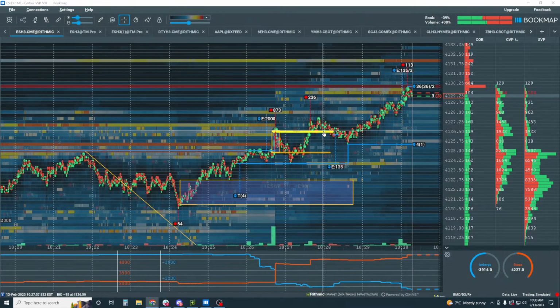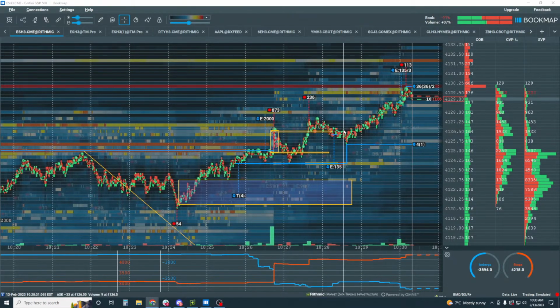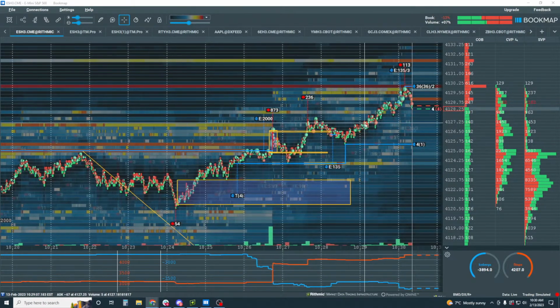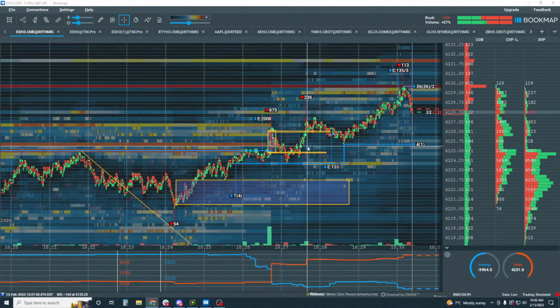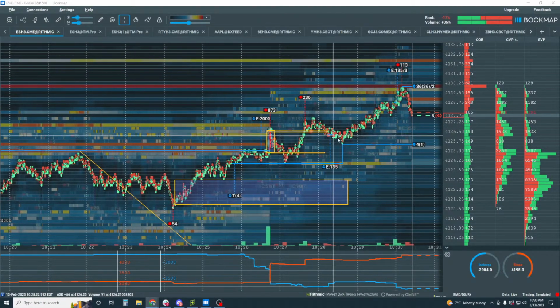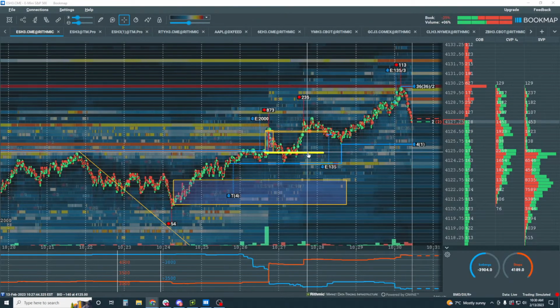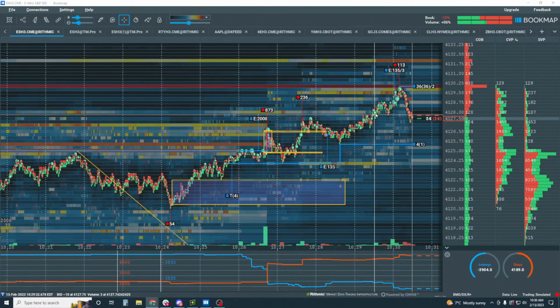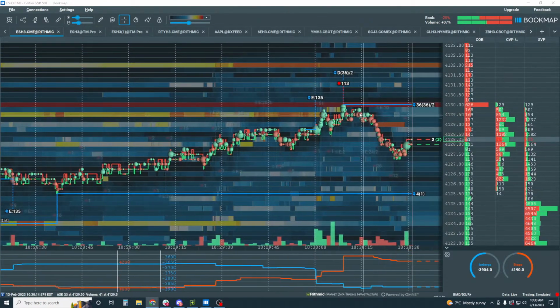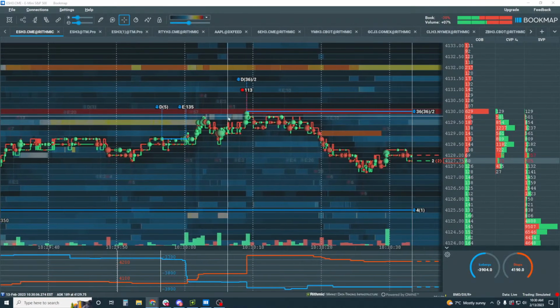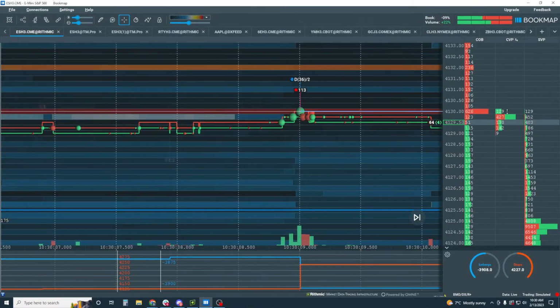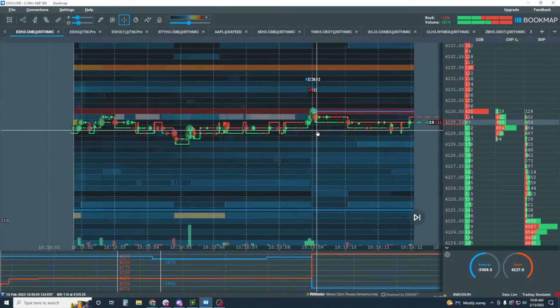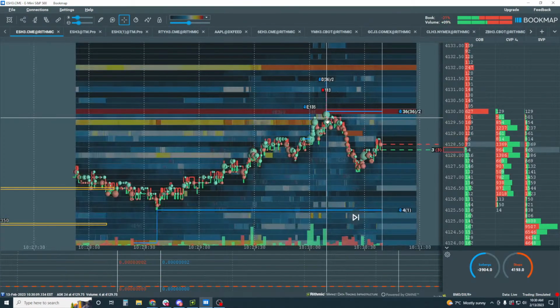We accepted higher, and we were looking for potential for sellers to come in here and move it back down to the bottom of the range at 25. Well, we came up to 30 instead, and we just traded to 30. We transacted up here, not a whole lot, but some, 129 at 30.